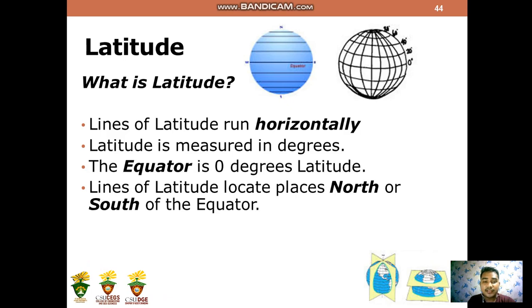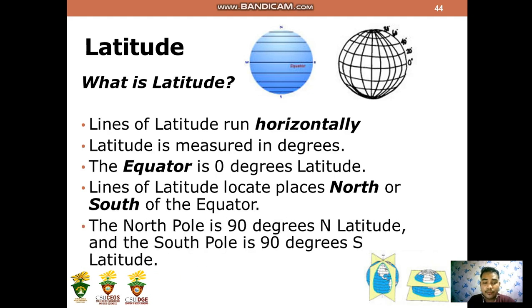The lines of latitude locate places north or south of the equator. The North Pole is 90 degrees north latitude, and the South Pole is 90 degrees south latitude. So latitude should not go beyond 90. It is 90 north or south.